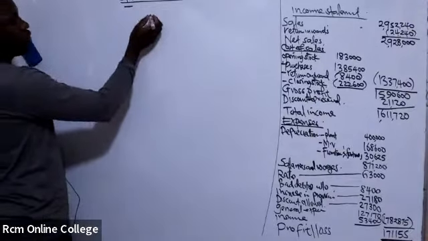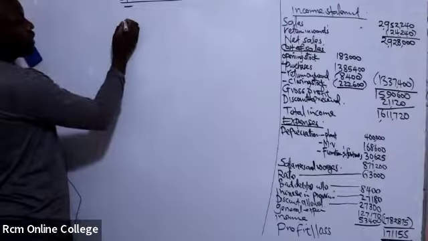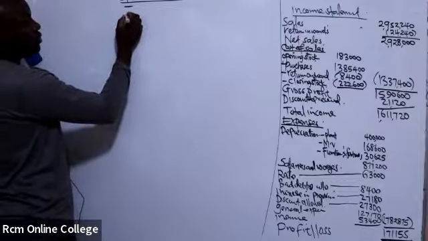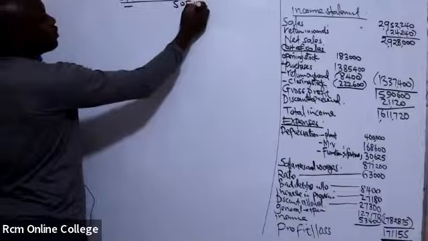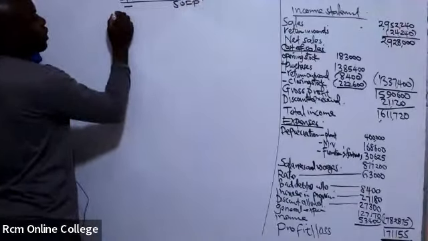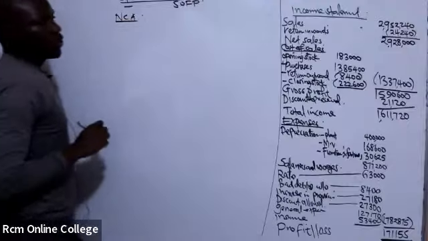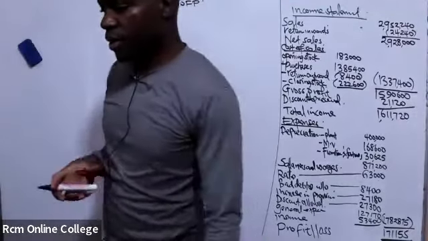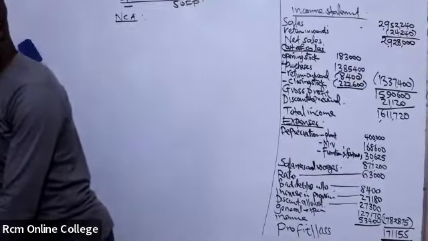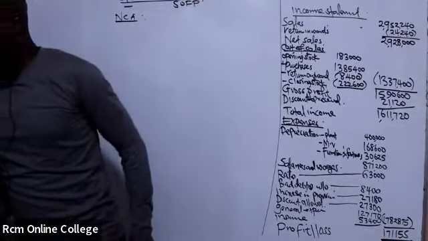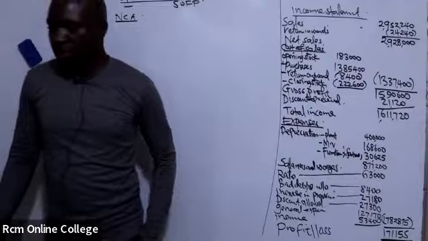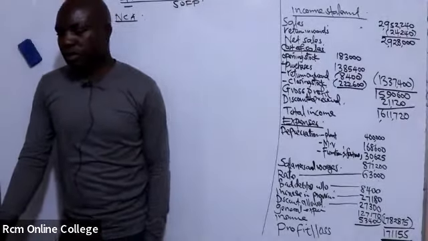I mean, statement of financial position. So we start with non-current assets. Good. Is it okay if we stop at this point? Or somebody is saying that we have to complete the remaining part.